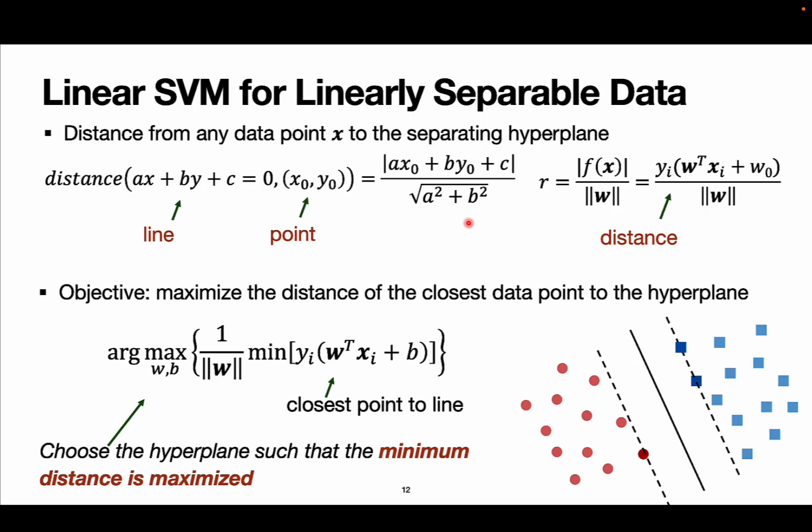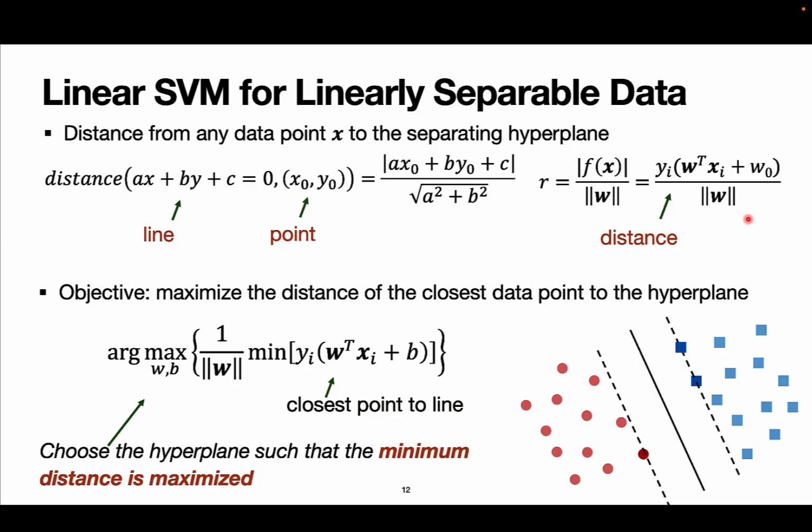Now in SVMs, instead of having a simple line equation, we have something more general like f(x) equals w transpose x plus w0. The signed distance formula becomes yi f(xi) over the norm of w.